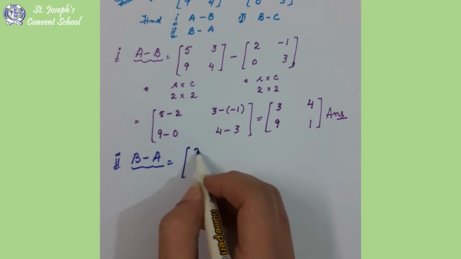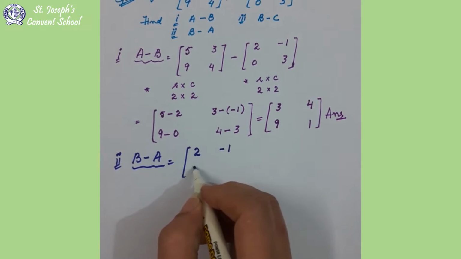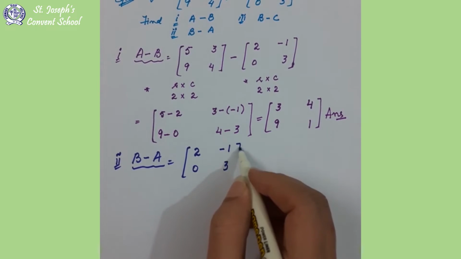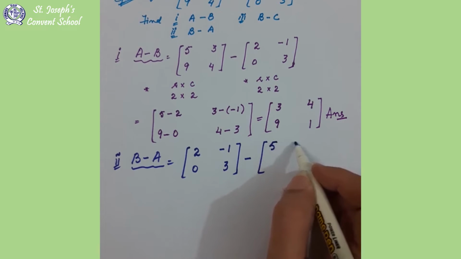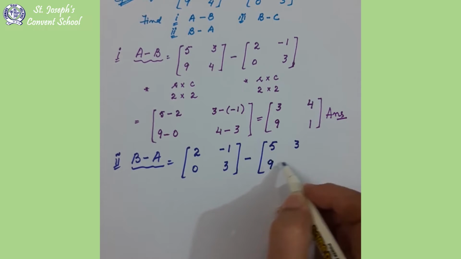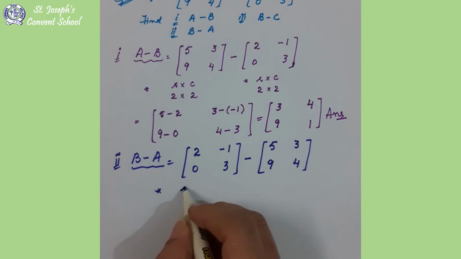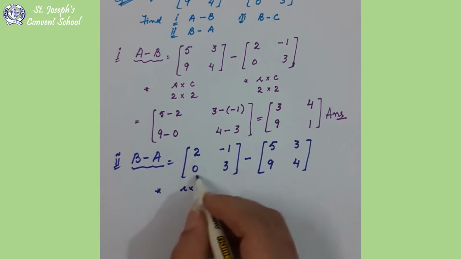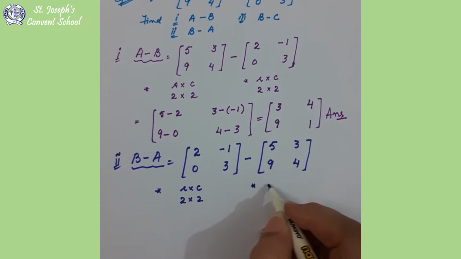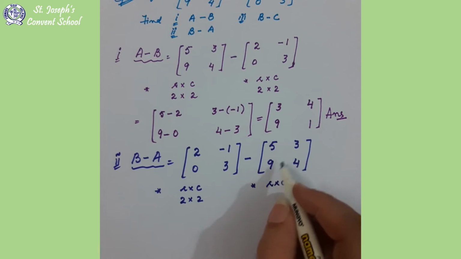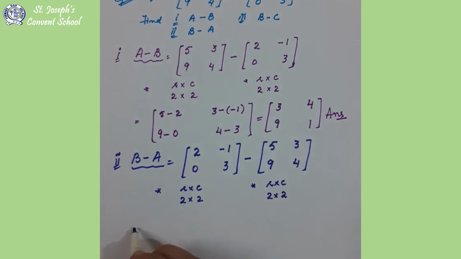Matrix B is 2, minus 1, 0, 3, and minus matrix A. Matrix A is 5, 3, 9 and 4. Again check the order. Row into column, here 2 rows 2 columns, so it is a 2 by 2 square matrix. Same here, order is also the same, 2 rows 2 columns, so 2 by 2. Order is also the same. Let's subtract.